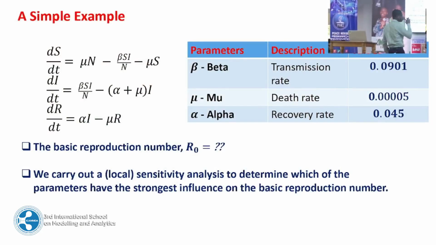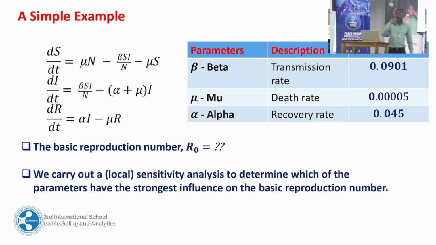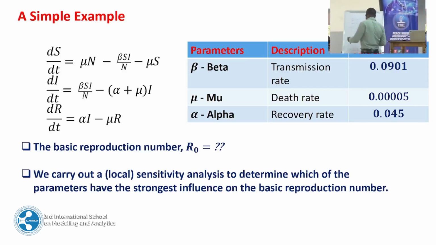What's the infectious period? What is the rate at which people are leaving the infectious class? In this infectious class, dI/dt equals beta S I over N minus (alpha plus mu) I. The rate at which they are leaving the infectious class is alpha plus mu.